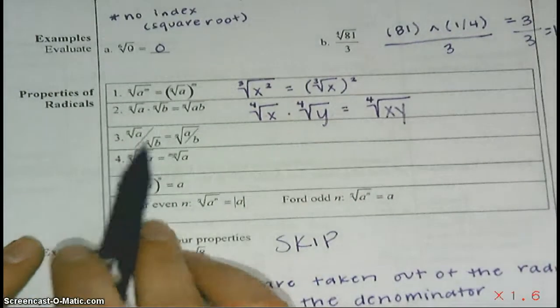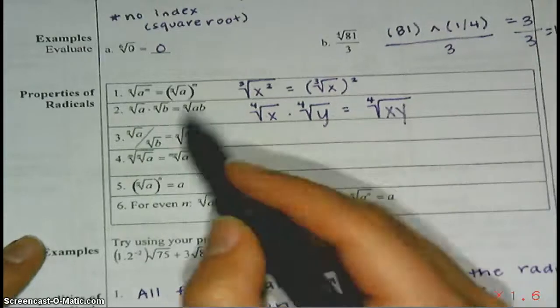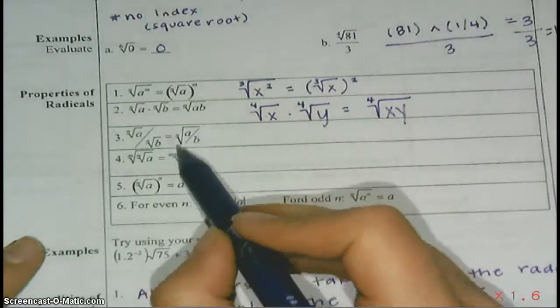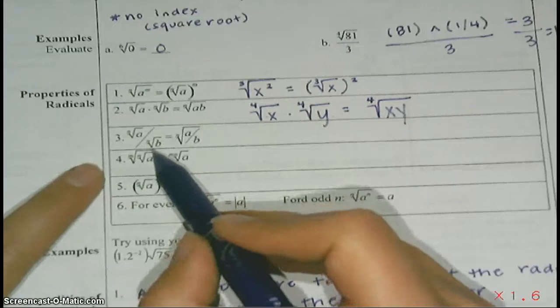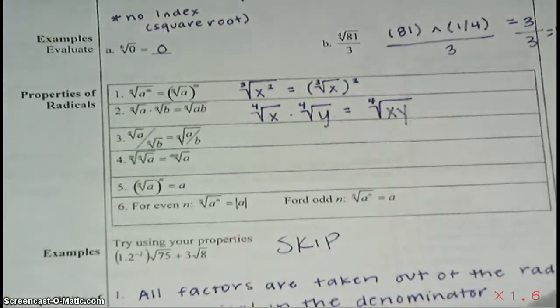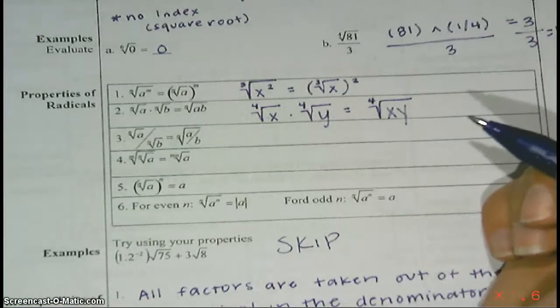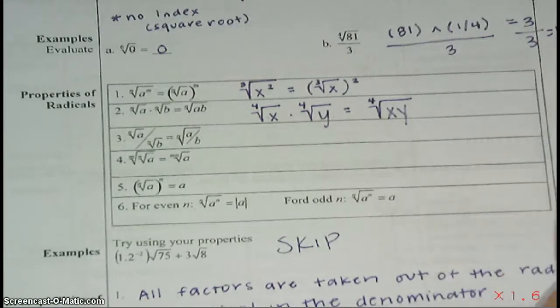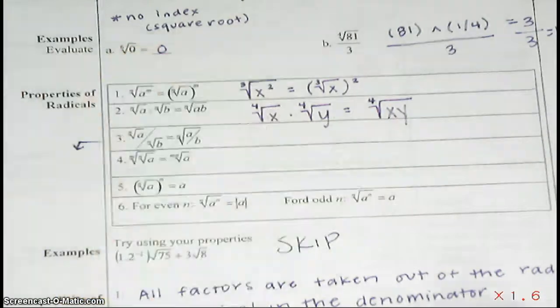Same goes for division. This actually really comes in handy if you're simplifying fractions with radicals. Normally, I think it's easier to go from the combined radical and split it up into two separate parts. But, you know, you can look at it as either side since it's an equation. The case here, though, is that you need to have the same radical. Here's a little example. I'm just going to do it off to the side here.